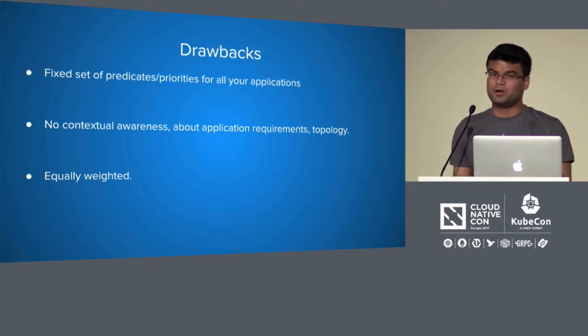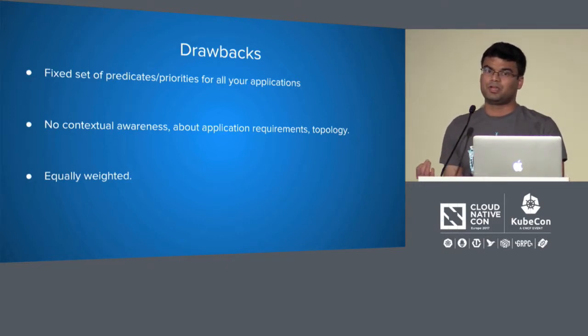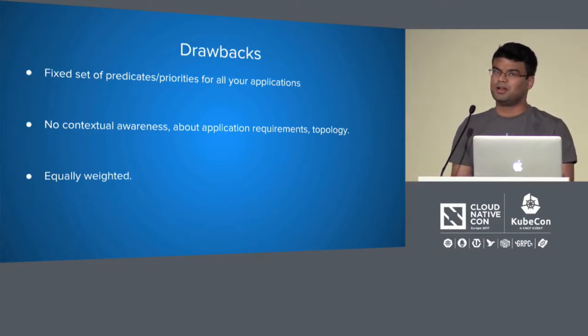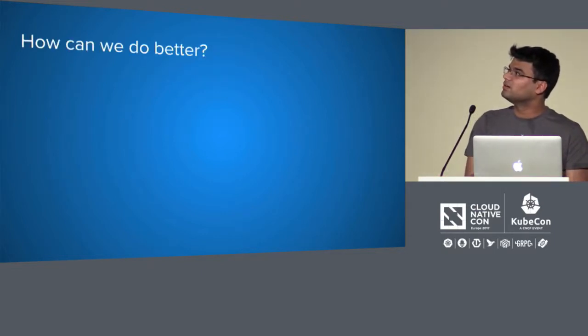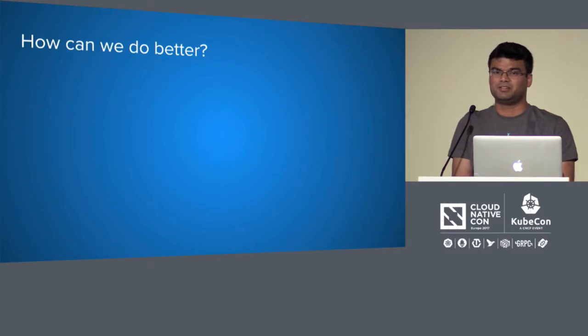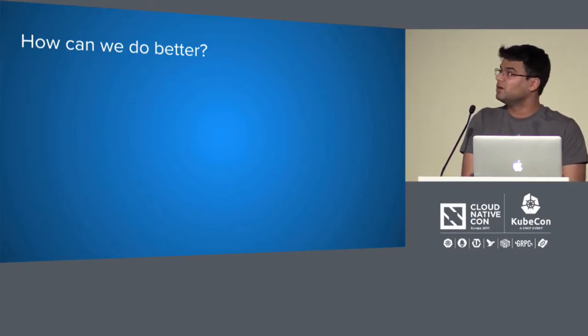But the good part is that the Kubernetes scheduler provides a lot of hooks where you can plug in your own scheduler or make changes to the custom scheduler. So the natural inclination for anyone running a cluster is how they can do a better job.